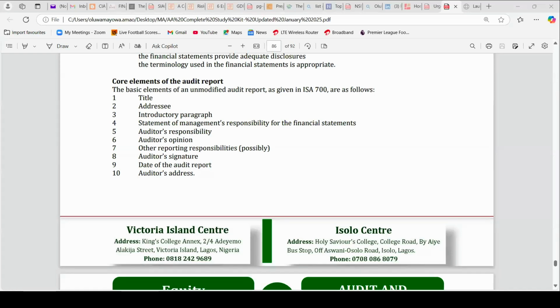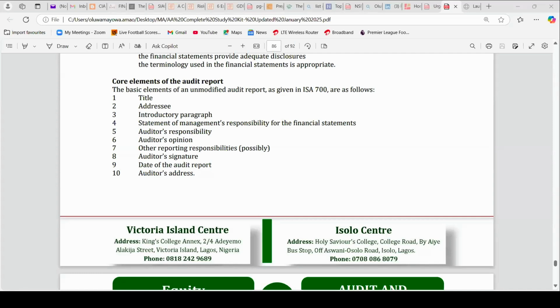Past questions: November 2021, question 1. That was even a 30-mark question. Then we also have November 2022, question 6.